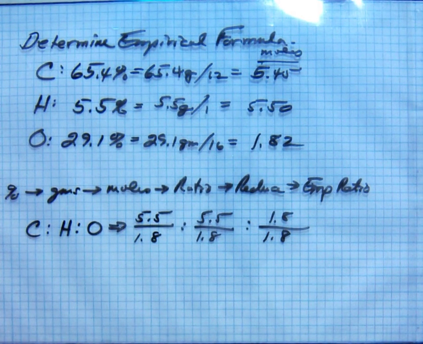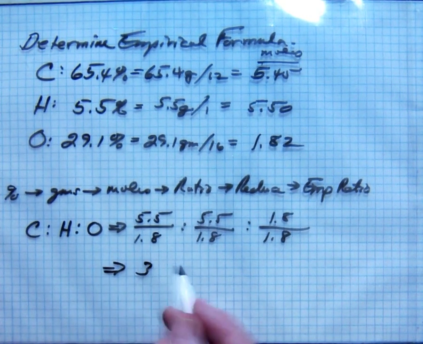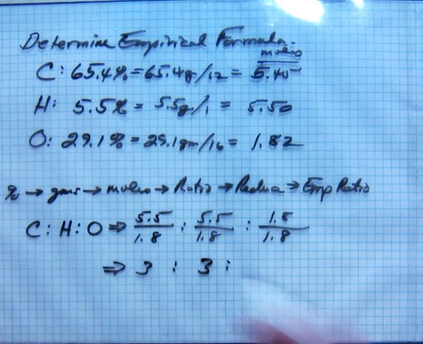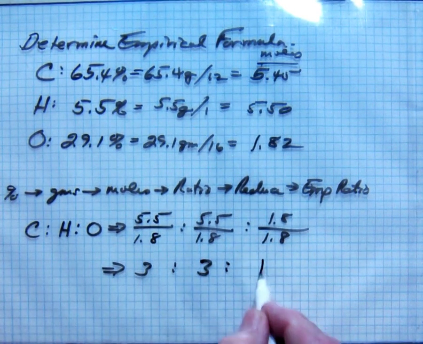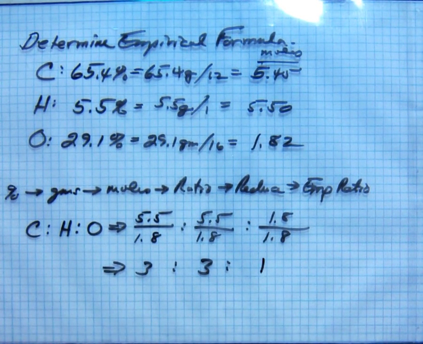You may get it in this one: 2.25 or 1.25 or 1.5 or 1.75. If you get that, you have the right to multiply to scale it up to whole numbers. If that happens, I'll show you again in a minute. So I'll take 5.5 divided by 1.8 equals, well, these are even. So that's a 3, and that's a 3, and that's a 1 in here.